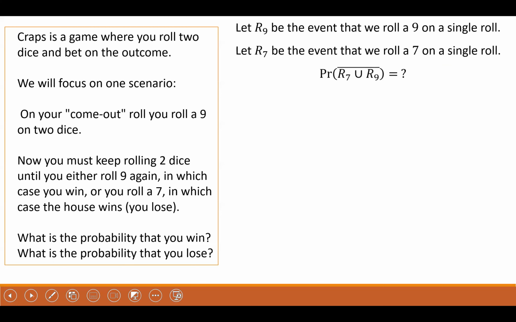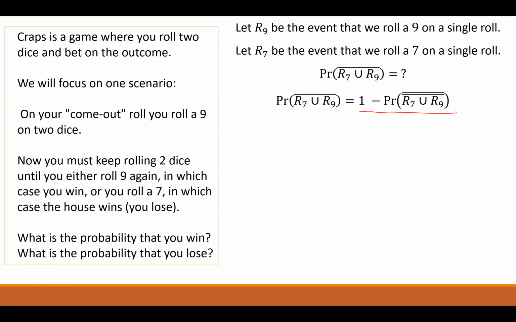Lastly, I need the probability that I roll neither a 7 or a 9. I can take that using the complement rule as 1 minus the probability that I don't not roll 7 or 9. So we're getting a double negative here, but of course the double negatives cancel themselves out. So I get 1 minus the probability that I rolled a 7 or I rolled a 9.